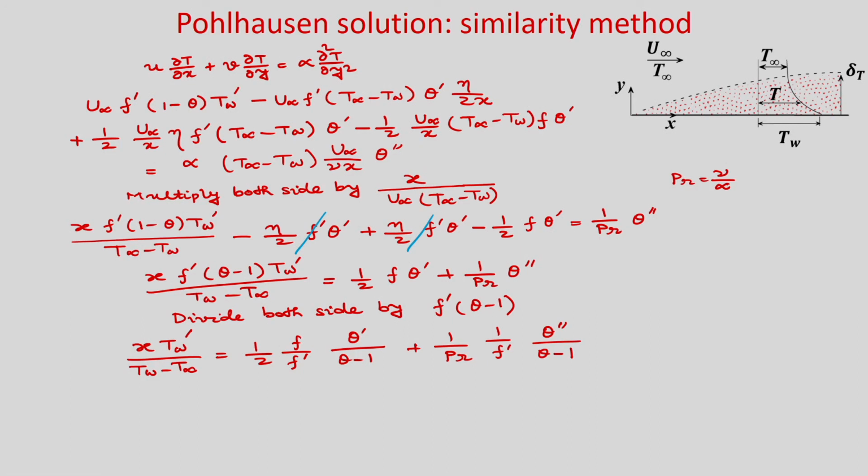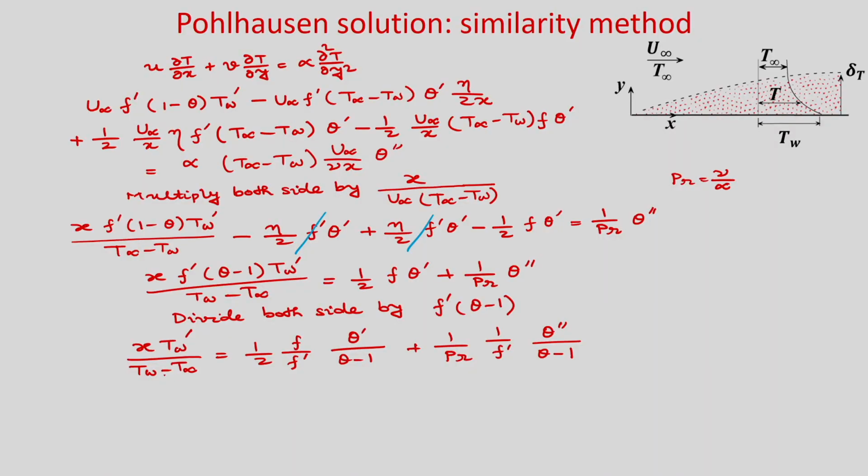So, you see we have separated the variables. If you see the left hand side, okay, it is a function of x only, and the right hand side is a function of eta only, because f is a function of eta and theta is also a function of eta. So, we have separated the variables. So, you can see this is T w. So, T w is a function of x only. So, all these terms are functions of x, and these right hand side terms are functions of eta only.